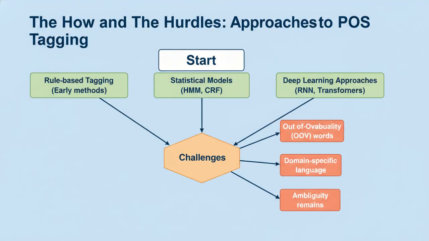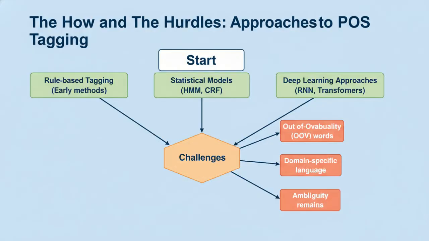Today, deep learning approaches, particularly recurrent neural networks and transformers, achieve state-of-the-art accuracy, often integrating POS tagging as a subtask within larger language models. However, challenges persist. Out-of-vocabulary words, domain-specific language like medical or legal jargon, and highly ambiguous words continue to pose difficulties. Even with advanced models, ambiguity remains a core challenge, requiring ongoing research and development to improve accuracy and robustness across diverse textual inputs.